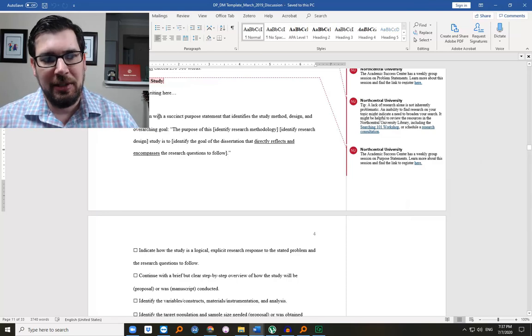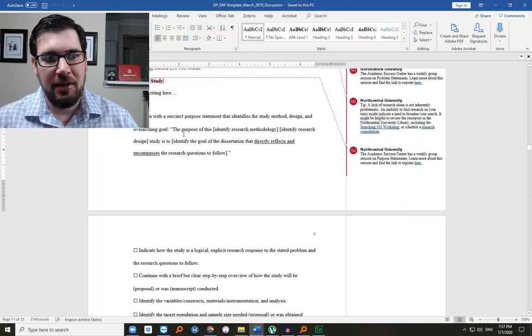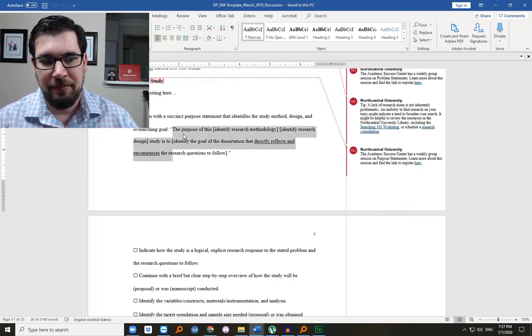Here we have some special wording that we typically use depending on your university. You're going to use language something like this, and it's good to keep it consistent throughout your entire dissertation. This is probably the most commonly used sentence that you'll have throughout your entire dissertation.